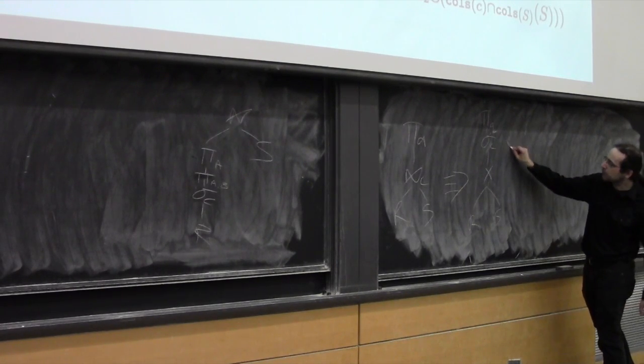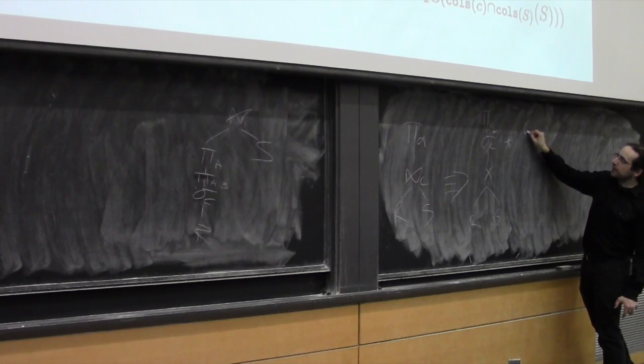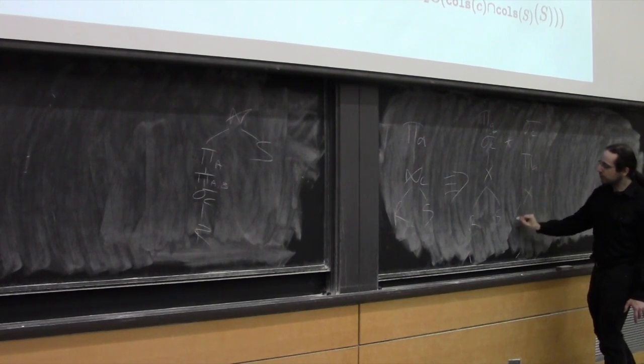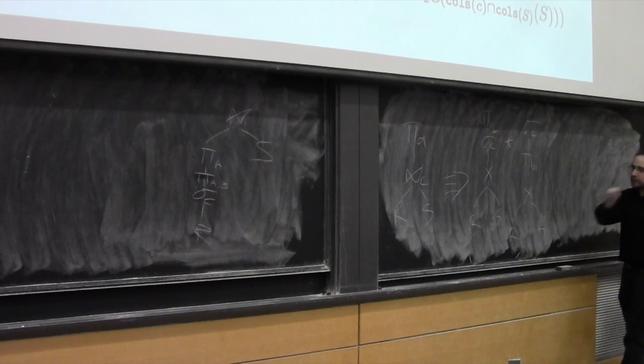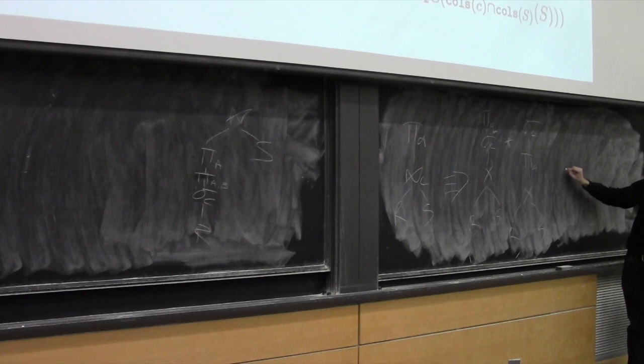So assuming that is true, I'm going to put a little asterisk here. Then I can swap the order of the selection and the projection, again sitting on top of the cross product, and finish this up. I can push the projection down based on that equivalence.